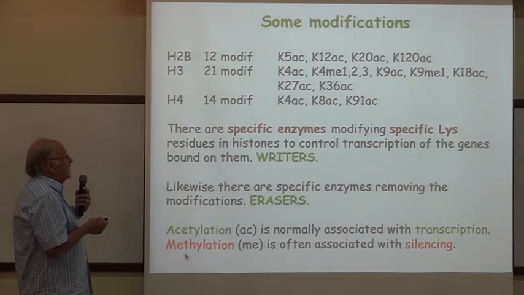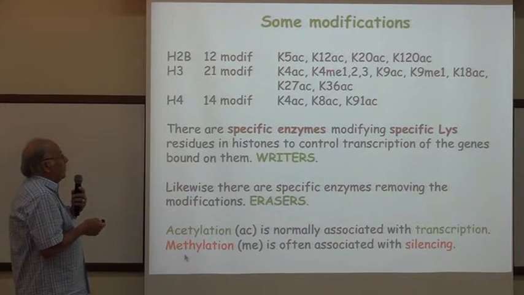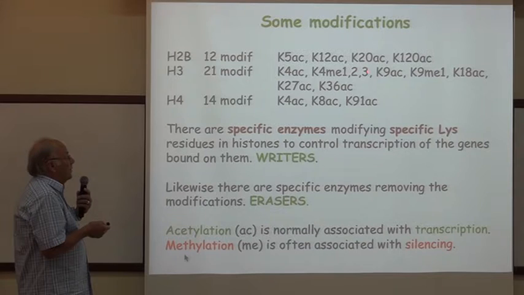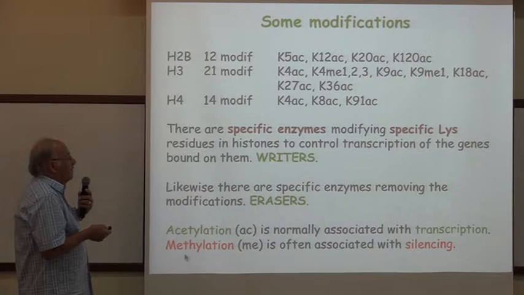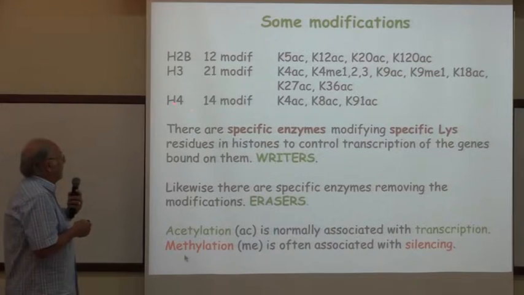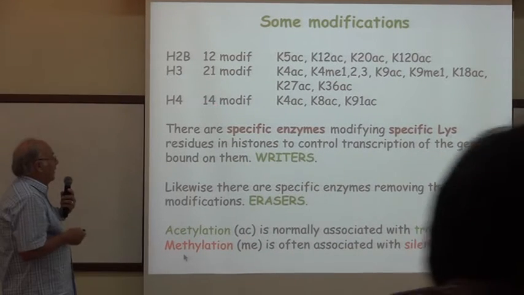Lysine 4 can be acetylated. Lysine 4 can be methylated once, twice, or 3 times. And lysine 9 can be acetylated or methylated once with one methyl group. Lysine 18, lysine 27, and lysine 36. And H4 can have 14 different modifications.